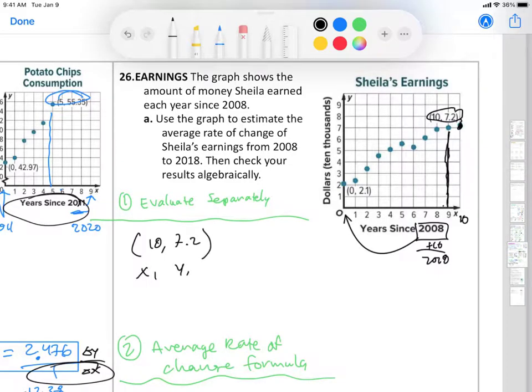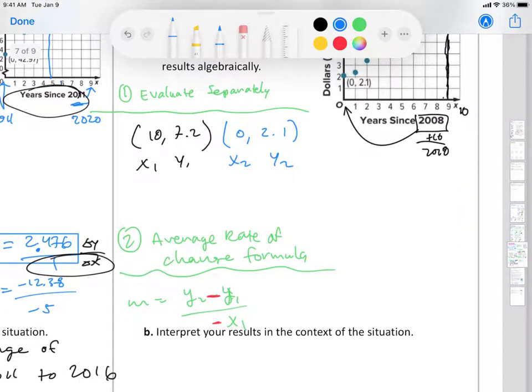Again, when you're picking your ordered pairs, it doesn't matter the order. Just make sure you're labeling them correctly. What I mean by that, x1, y1, x2, y2, doesn't matter. X's do go first and then the y's. So we're evaluating those separately. Write down the average rate of change formula. Always write it down every single problem. Highlight the subtraction sign.